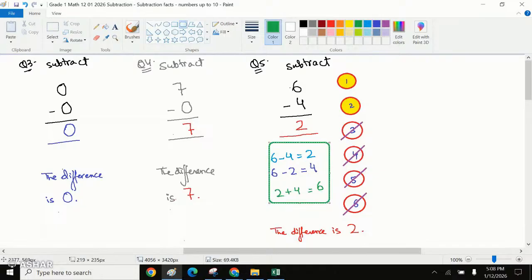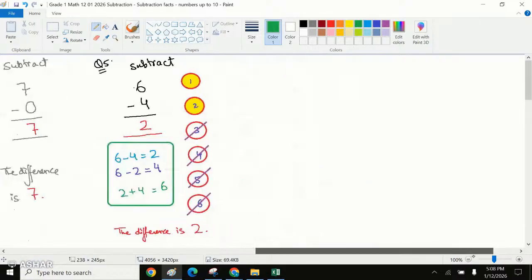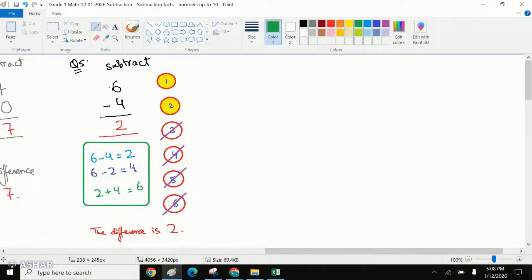So what we are looking at over here is the subtraction facts. It does not matter which order we subtract, the sum of the smaller two numbers will be equal to the bigger number. In this case, 4 plus 2 would always be 6. That means 6 minus 4 is 2, and 6 minus 2 would be 4. I hope it's not very confusing. I'll just use simpler terminologies.